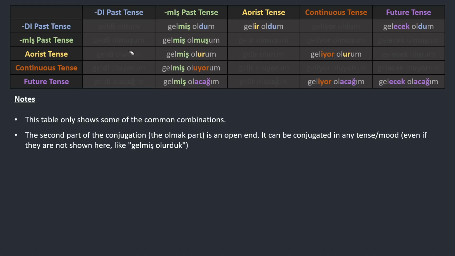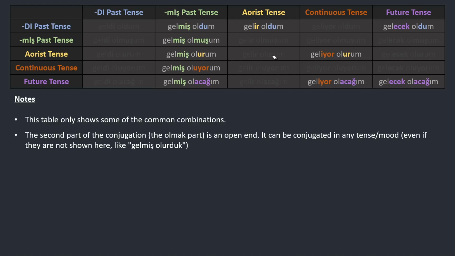I can't think of a situation where geldi oldum is ever useful to know. It doesn't even mean anything. But other forms, gelir olurum, maybe in a very specific context could be used, but just forget about it. And it's always better to keep things simple.